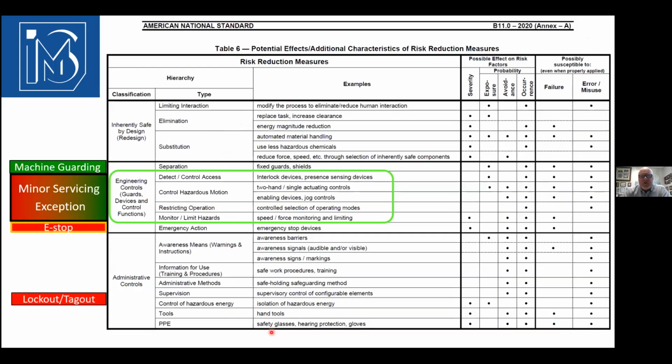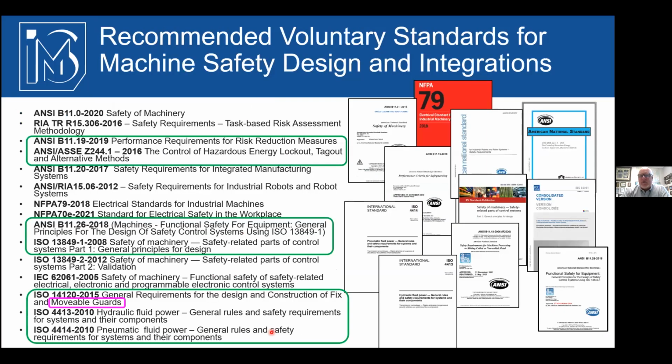Okay, so here's the focus of today's session: these engineered controls, and we'll go through each one of them at a time. The details come from the library of consensus standards that I mentioned. There's a bunch of them here, but the ones that focus on these solutions are these, and probably ANSI B11.19, the most recent one, is the most important one to define that.